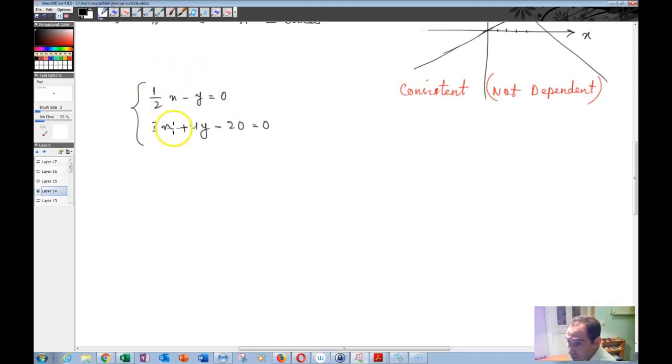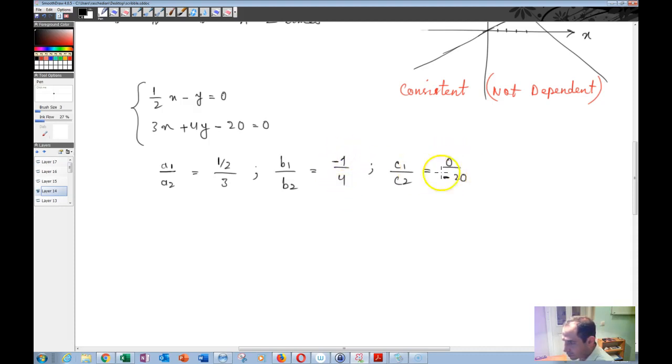So once you do that, you see that a1 to a2 is equal to 1/2 to 30, and b1 to b2 is equal to -1 to 4, and c1 to c2 here is equal to 0 to -20. So this is 1/6, this is -1/4, and this is 0.